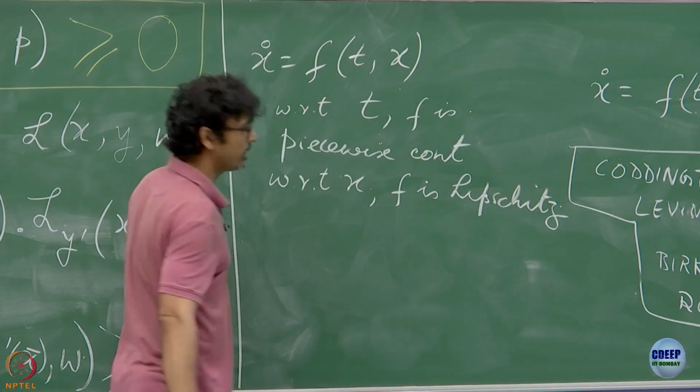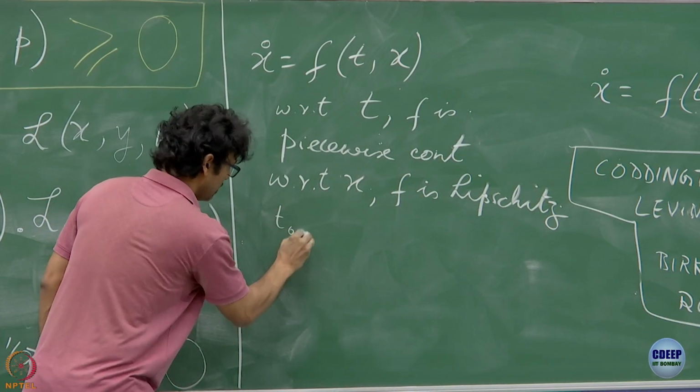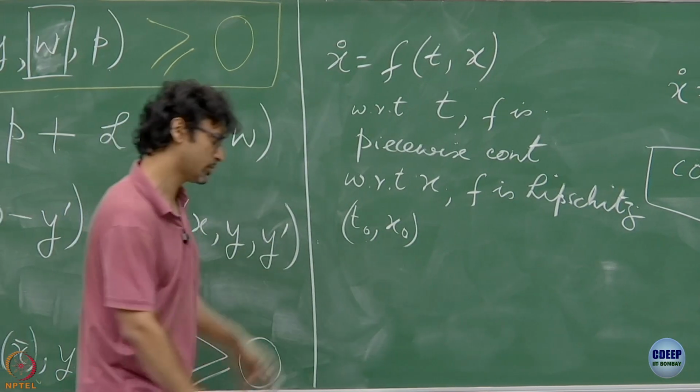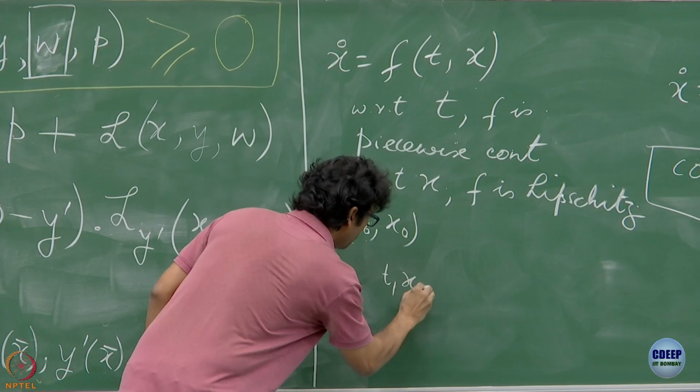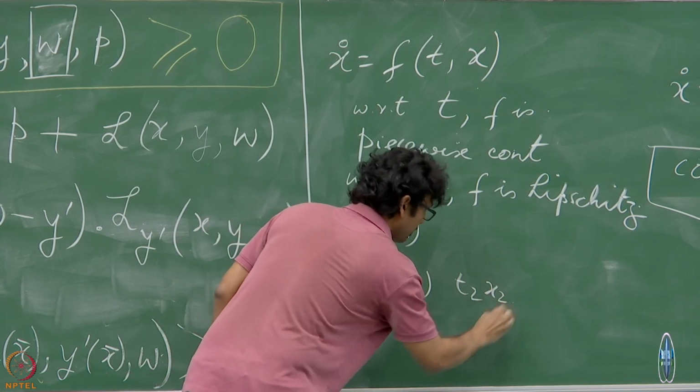You understand piecewise continuity. Lipschitz is just saying that, if you start from a point t naught x naught, then within some neighborhood of t naught x naught you pick t1 x1 and t2 x2.